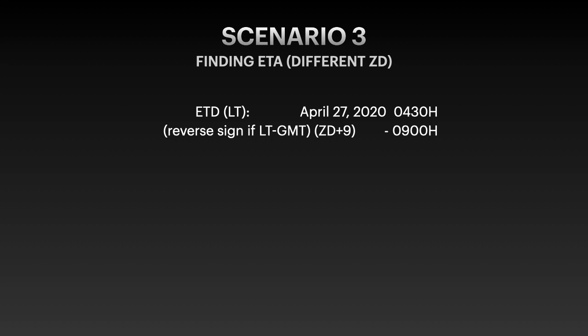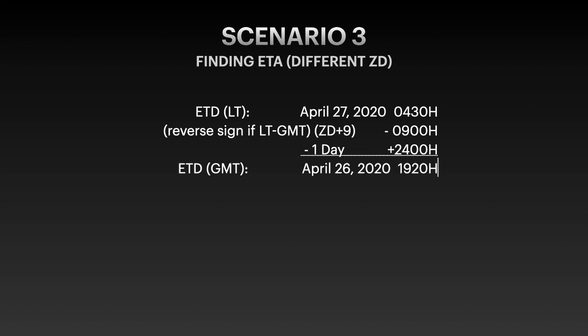So, sa nakikita natin, pag pinag-minus natin siya, magne-negative yung time natin. Kaya, magma-minus na agad tayo ng 1 day sa April 27 and add 24 hours dun sa oras natin para hindi siya mag-negative. So, ang magiging sagot natin is ETD, which is the GMT na na-convert natin. April 26, 2020, 1920 hours.